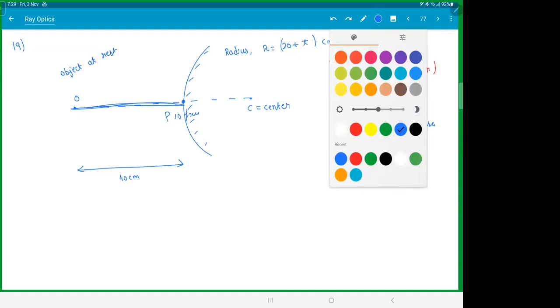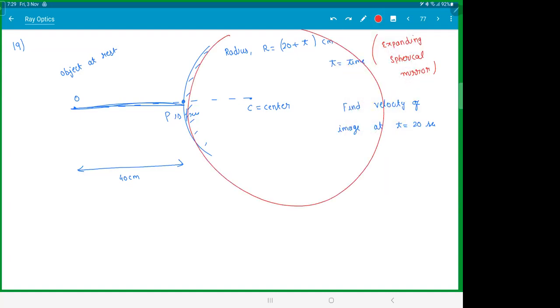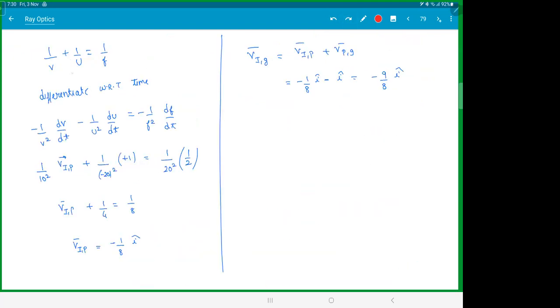U would be constant. So basically the mirror is expanding like this. Center is going backward. That actually would have made your life easy. If pole is fixed, that is actually an easier case. Directly this term would be 0. Rest of them will be the same. You'll get the answer.